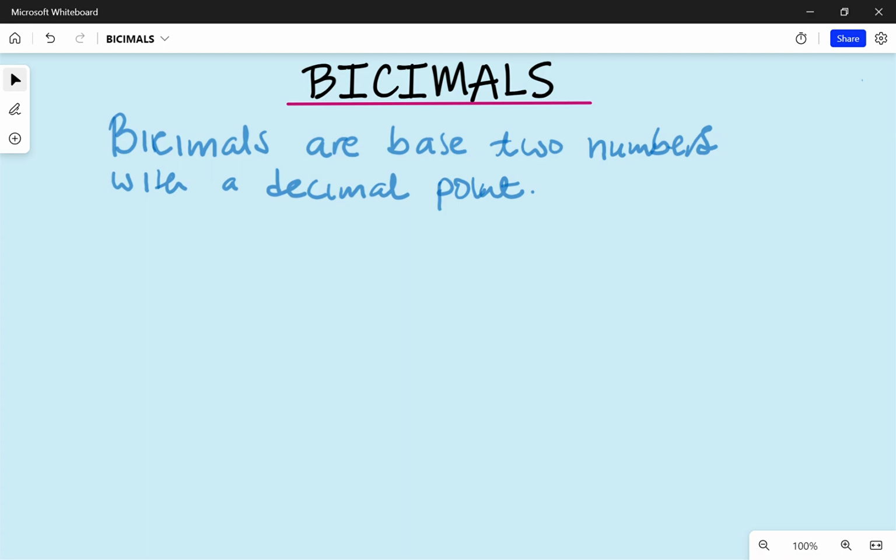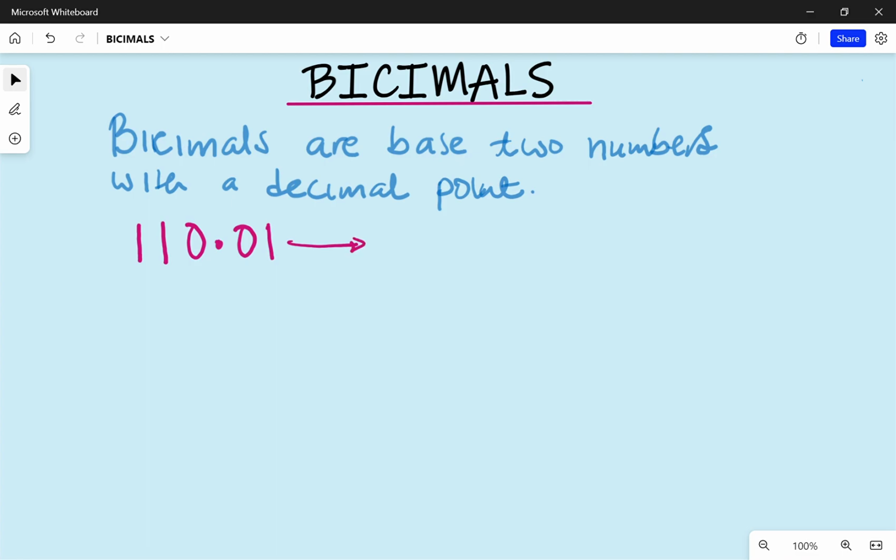For example, base 2 numbers are numbers that have just 2 digits, a 0 and a 1. Now what we mean is, if we have those numbers with a point in them, for example 110.01, this is a Bicimal number.